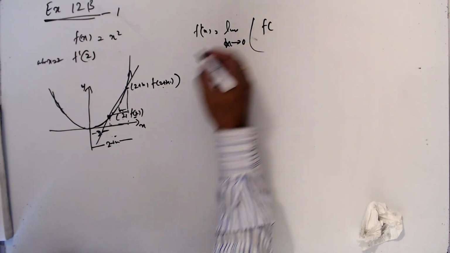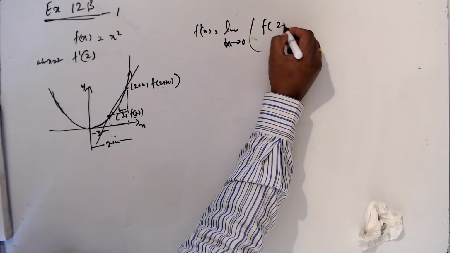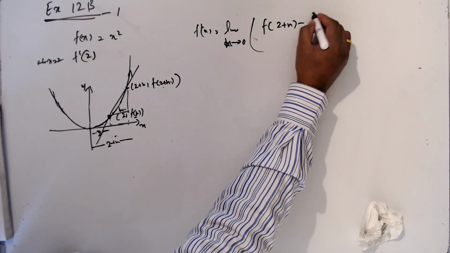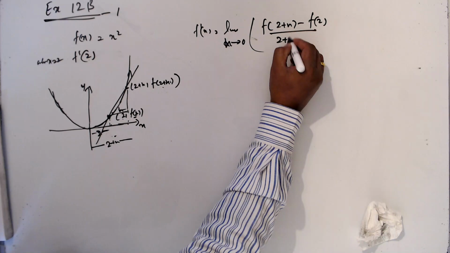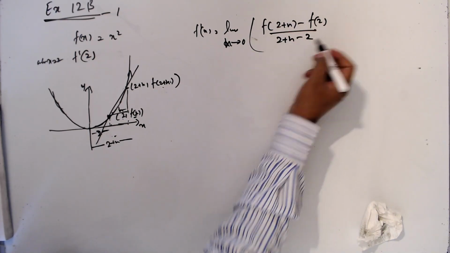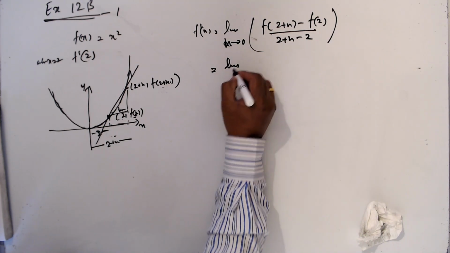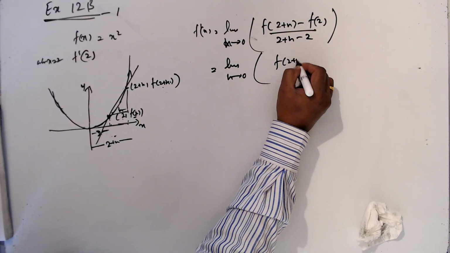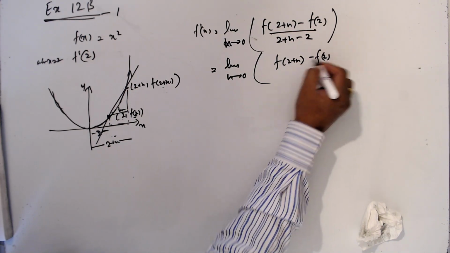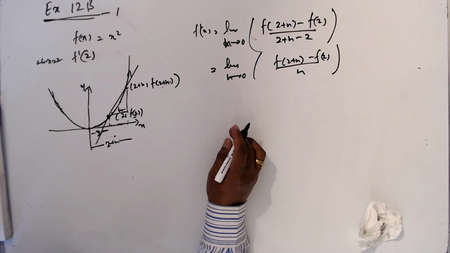we write the gradient, y1 minus y2 divided by x1 minus x2, 2 plus h minus 2. So then limit h goes to 0, f(2 plus h) minus f(2) over h. Now you can find what it is.